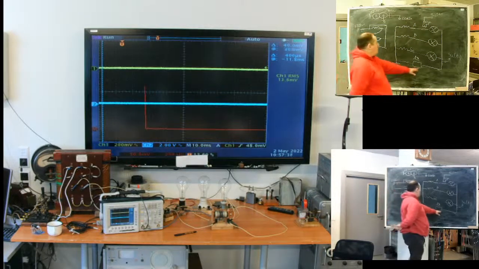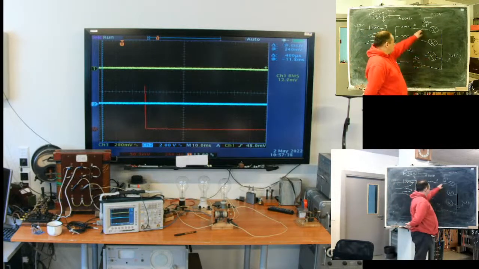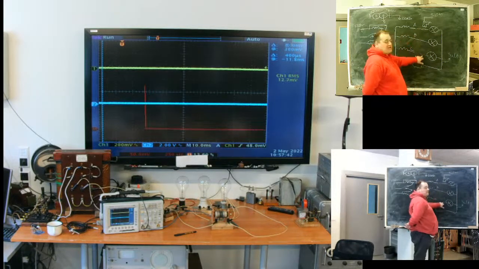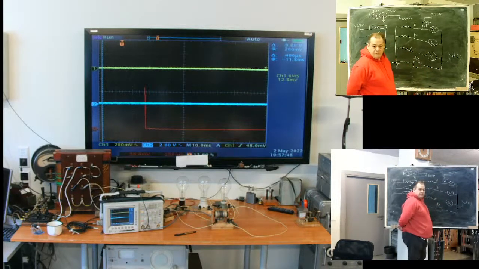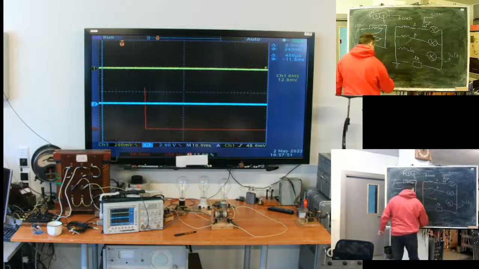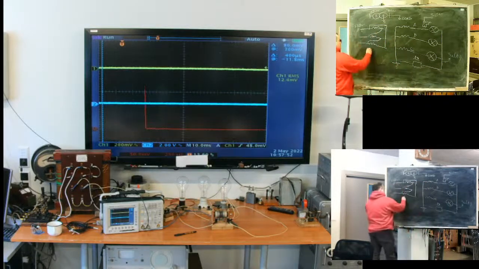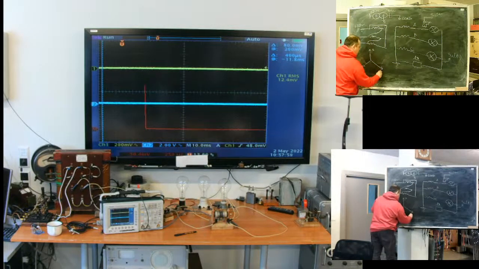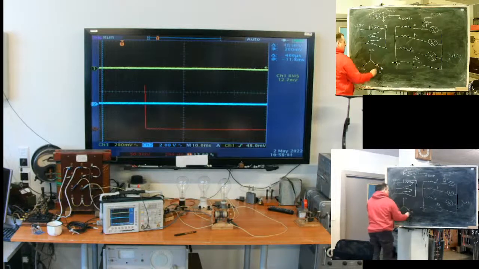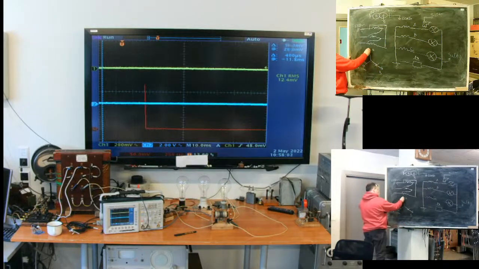The neutral current will be the vectorial sum of A and C. In the symmetrical regime, the current was 0. Sum of A and C. A, B, C. If I cut B, I need to.